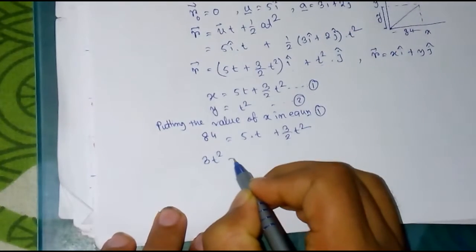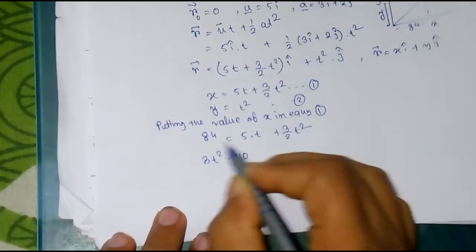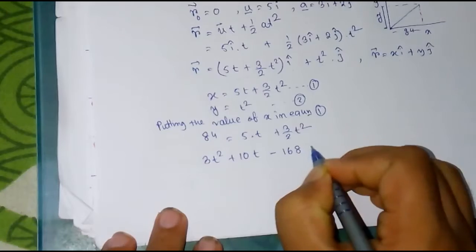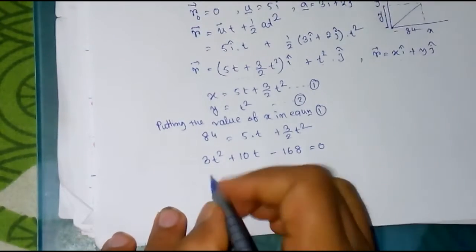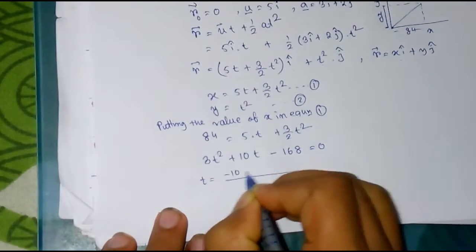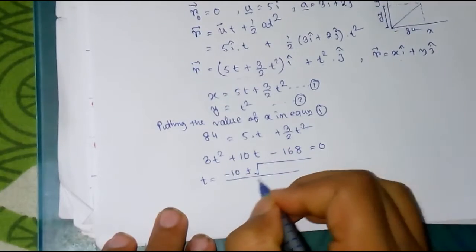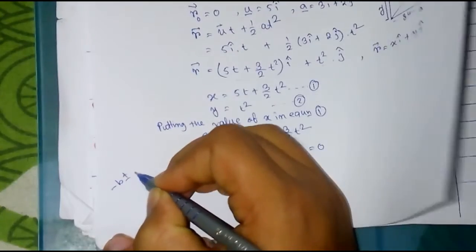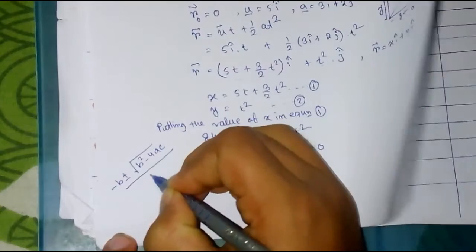If you multiply 2 on both sides, you will get 3t square plus 10t minus 168 equals 0. Now by Sridharacharya you can find t. Now t will be minus b plus minus root over b square minus 4ac by 2a. Okay, this is the Sridharacharya formula.